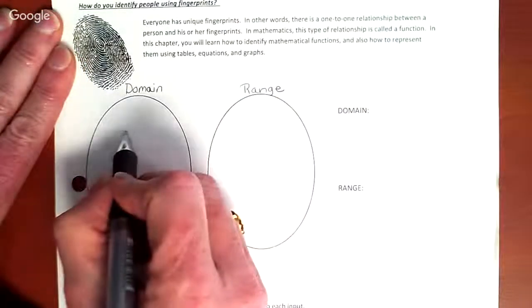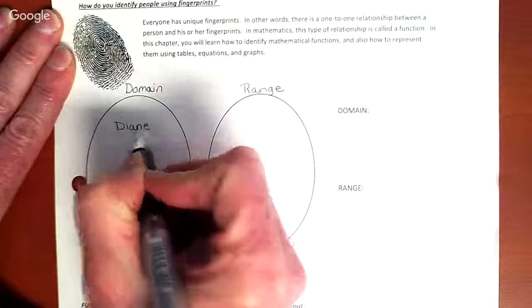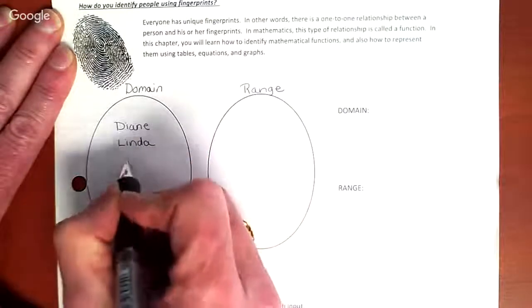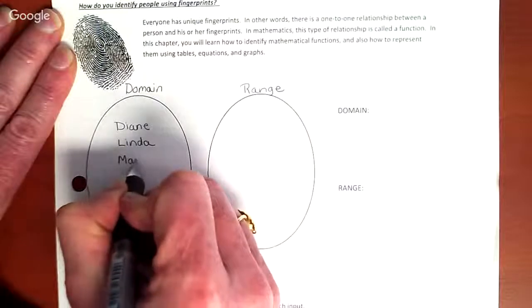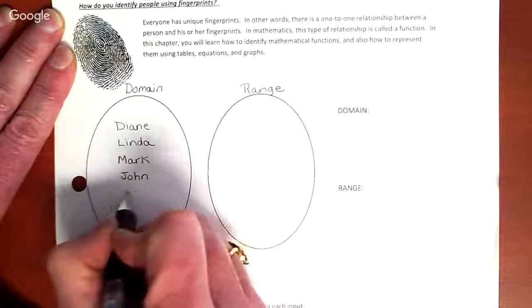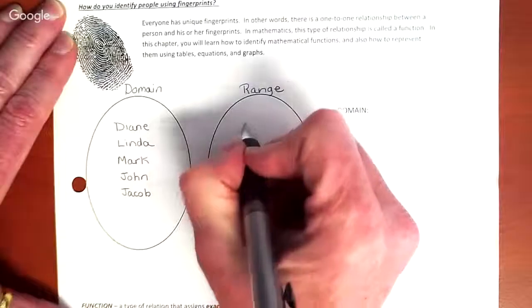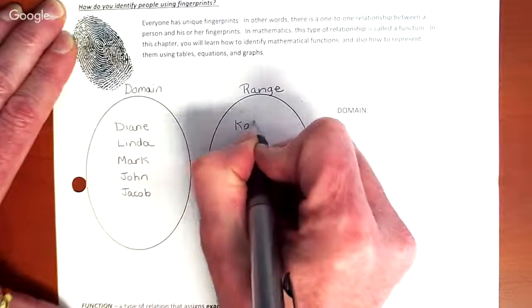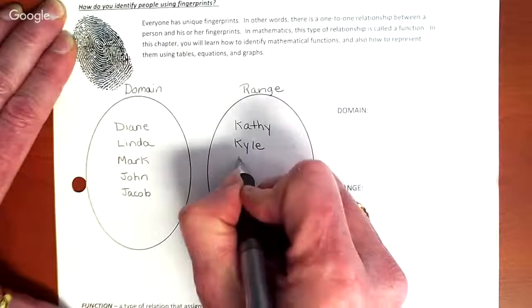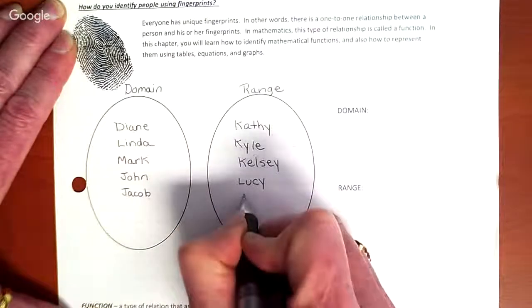On this side for a domain, if we have names like Diane, Linda, Mark, John, and Jacob, we have a range of Kathy, Kyle, Kelsey, Lucy, and Gary.